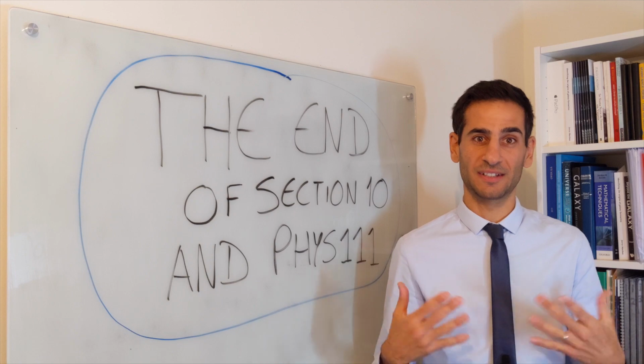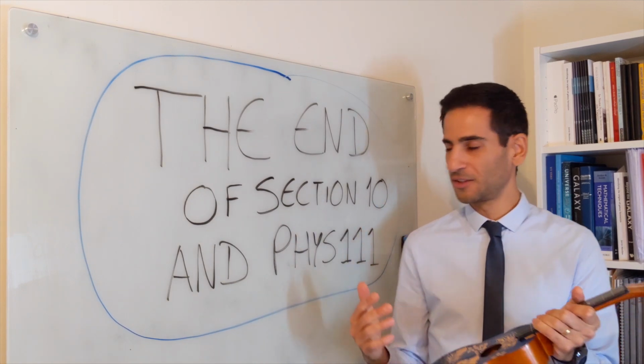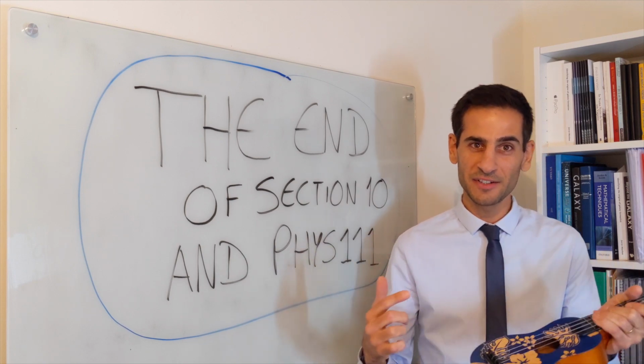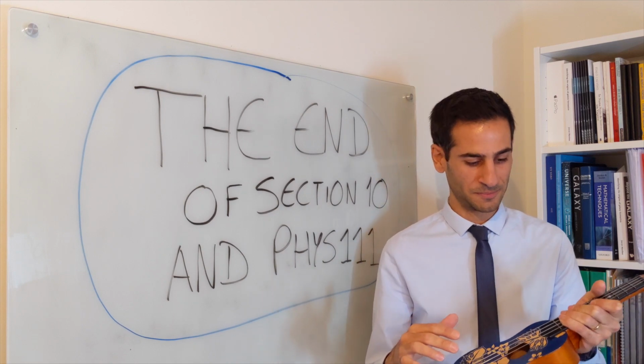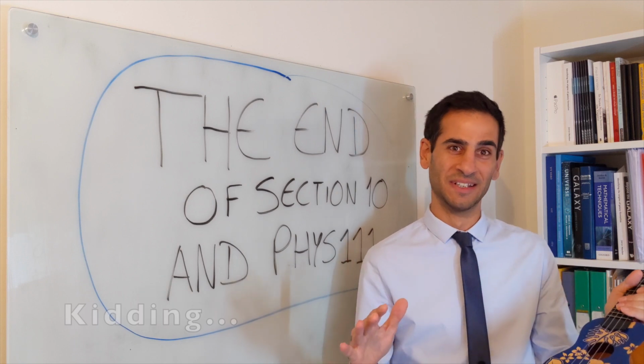And that's it. Let's get the ukulele. Yeah. And because you've endured until the last video of Physics 101, here's your reward, the full Physics 101 ukulele album. No, I'm just joking. There's no album. I was too busy teaching you.